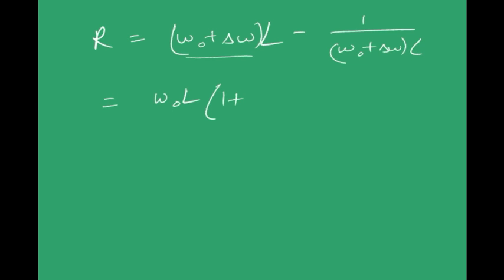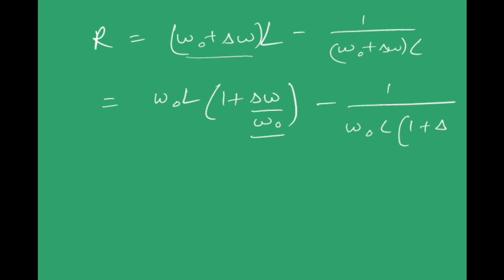What will I get? 1 plus delta omega by omega naught. Now why am I taking omega naught common from these two terms? Because I want to get this term, delta omega by omega naught. In quality factor I had that term, so I'm interested in it. Here even I can write this one as 1 plus delta omega by omega naught.